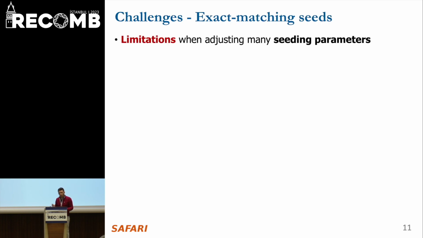So let me try to convince you about the challenges of exactly matching seeds. There are main limitations when adjusting the many seeding parameters, when we know that the seeds have to exactly match. One parameter is k-mer size. For example, should the k-mer be long or short?